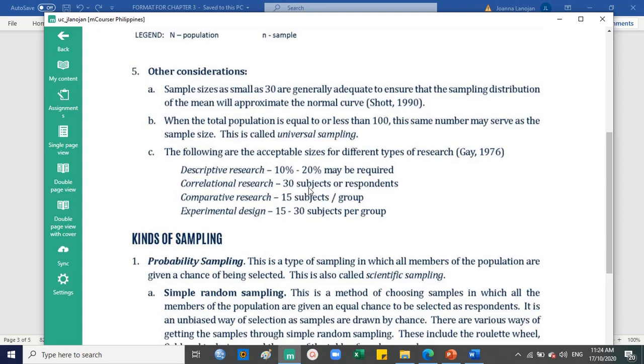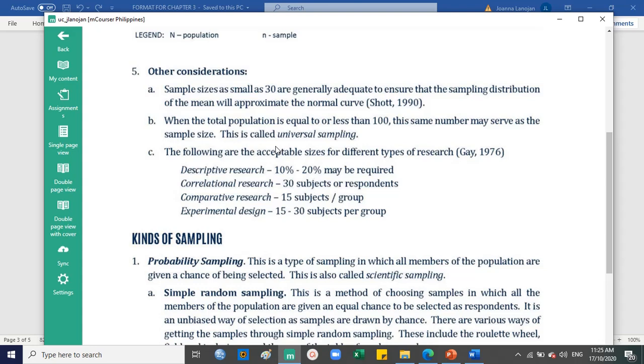Now, Miss, is it okay to stick to 30? If you stick to 30, it's fine, but the credibility of the results of the study will be in question, because you want to represent the population of all the ABM students and you just have 30 as the sample size.